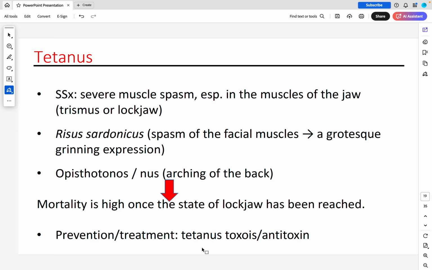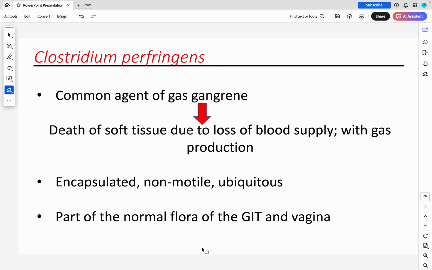How to prevent it? There is an antitoxin that can be used, the tetanus toxoid antitoxin. Then there is Clostridium perfringens, which is the common causative agent of gas gangrene.